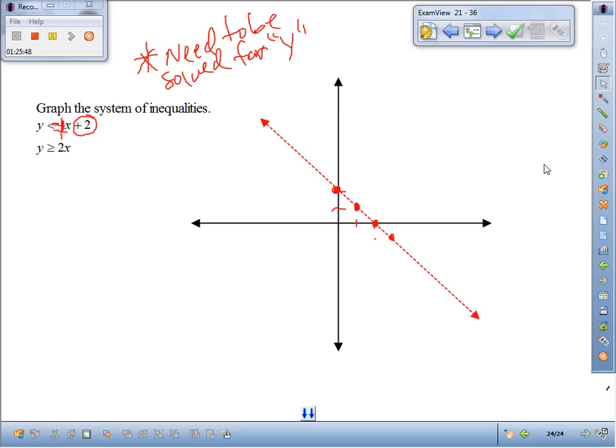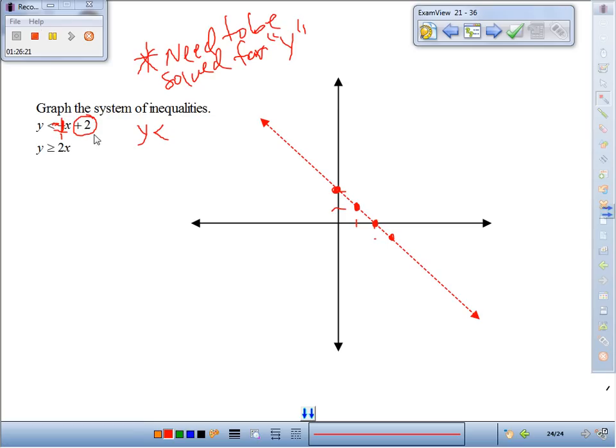And let's graph the region for the solution of that inequality. If we look up, so for this inequality, I'm going to use the first part, which is y. I'm going to use the inequality symbol, which is less than, and I'm going to use my y-intercept, which is 2. So right now I'm on this line. Where's 2 at?